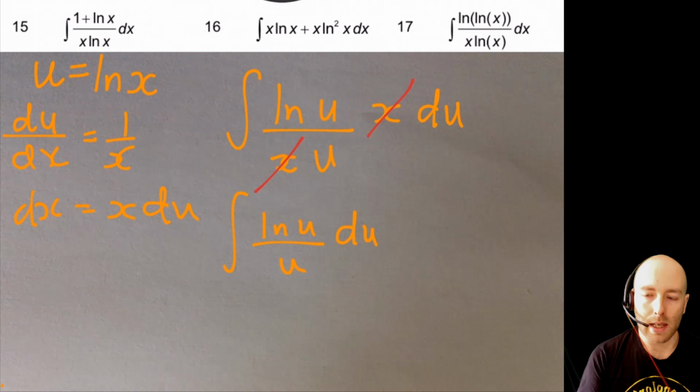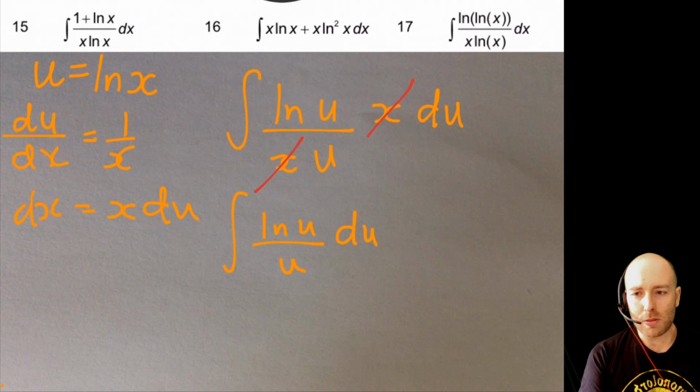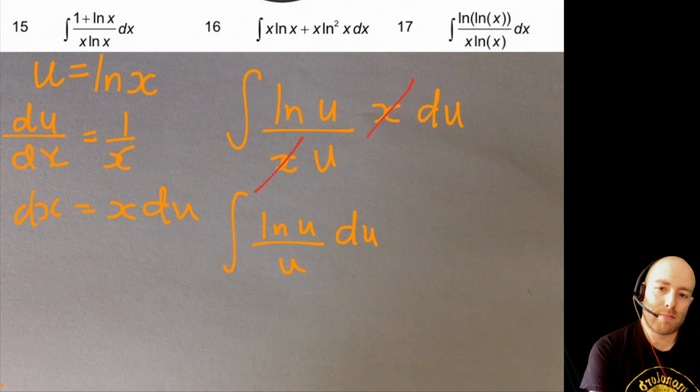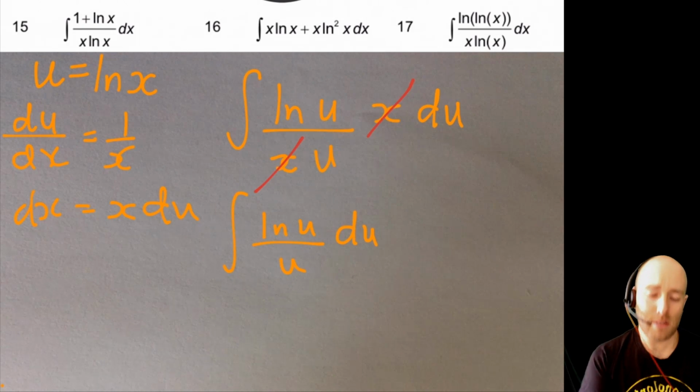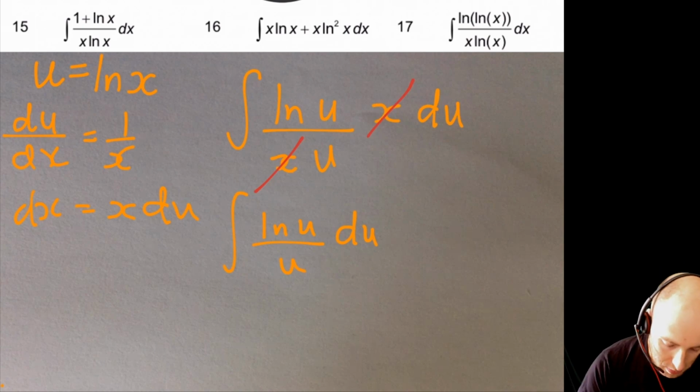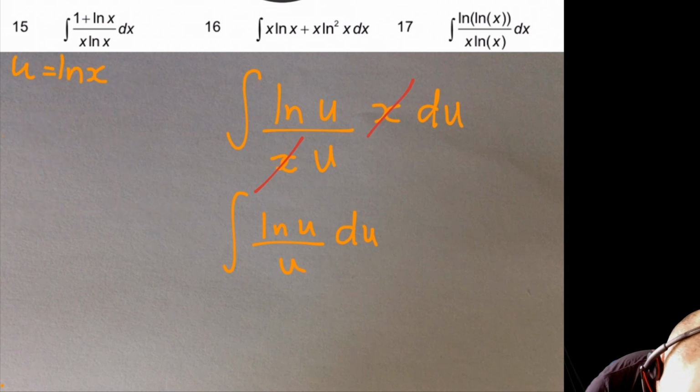Now we could probably do this by parts, or you could use substitution again. I'm going to do it by parts. The other two times I did this, I did it by substitution. So to do this by parts, I'm going to write it as the integral of u to the minus 1 ln u.